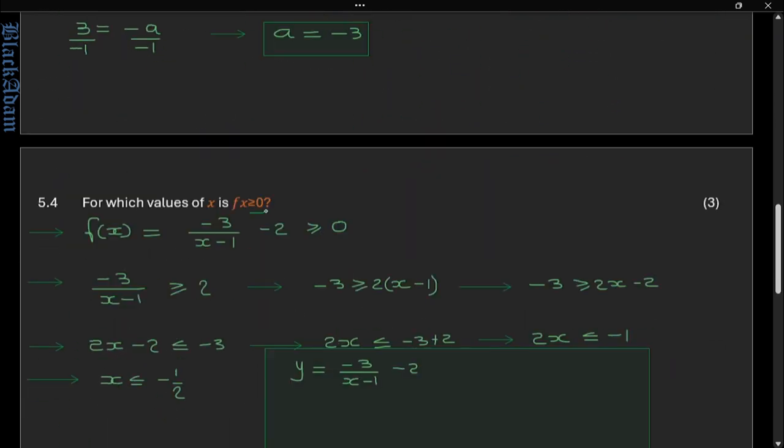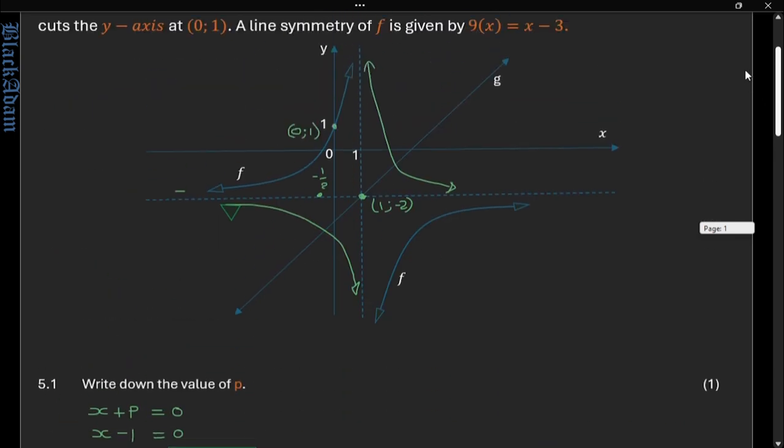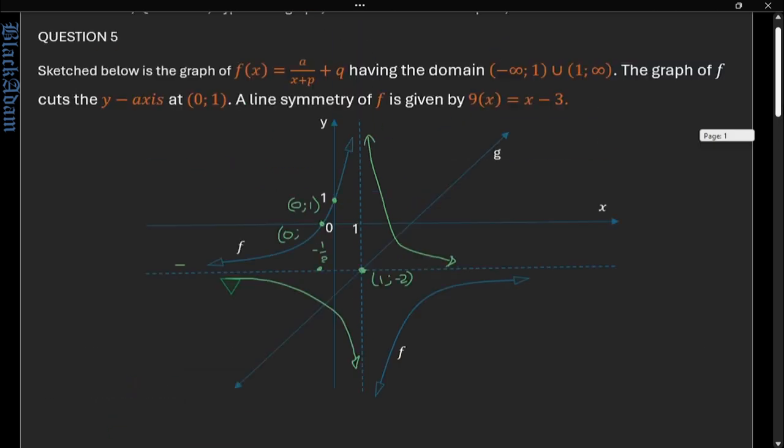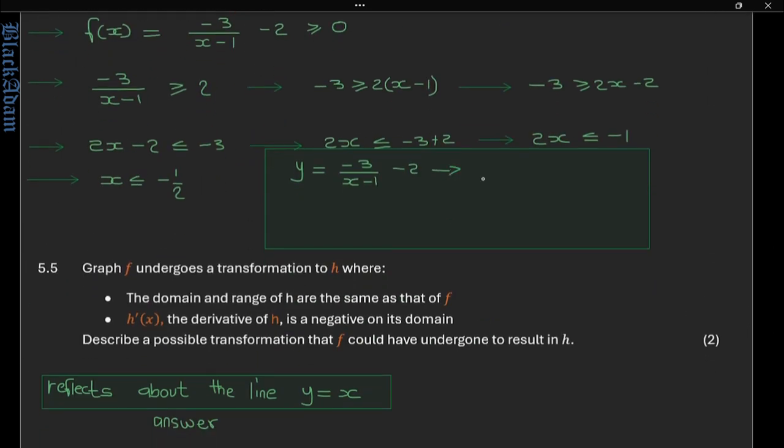We need to know the point where the graph is above 0, from there to the right. So what is the x value there? Finding the x value, we know y is 0.